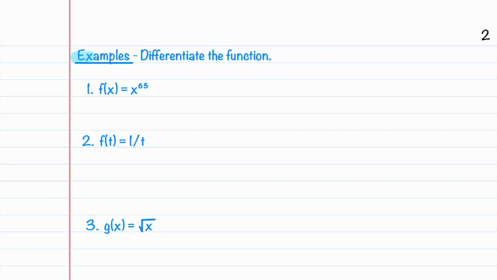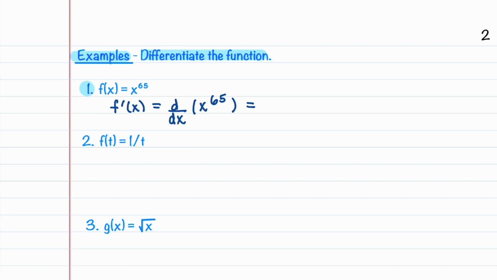Let's look at some examples where we are going to use the power rule to differentiate each function. In our first example, we are given that f of x is equal to x raised to the 65th power, and we want to find the derivative. We're going to write this as f prime of x is the derivative with respect to x of x to the 65.